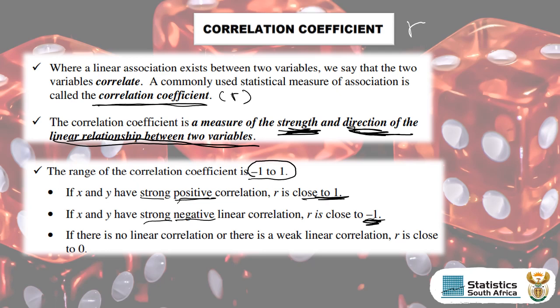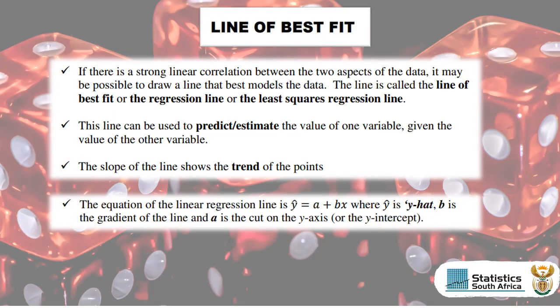If there is no linear correlation or a weak linear correlation, your R will be close to 0. What if your R becomes 0? We can conclude that there is no relationship, no correlation. That's it.